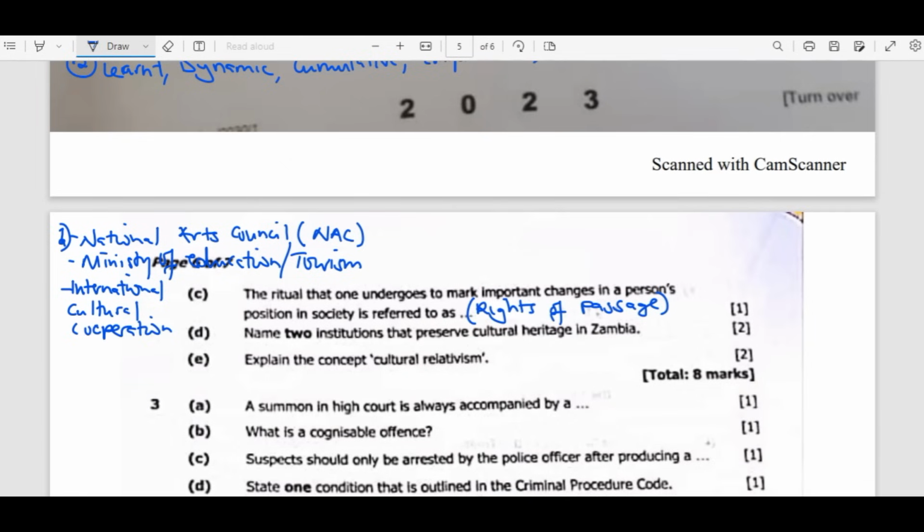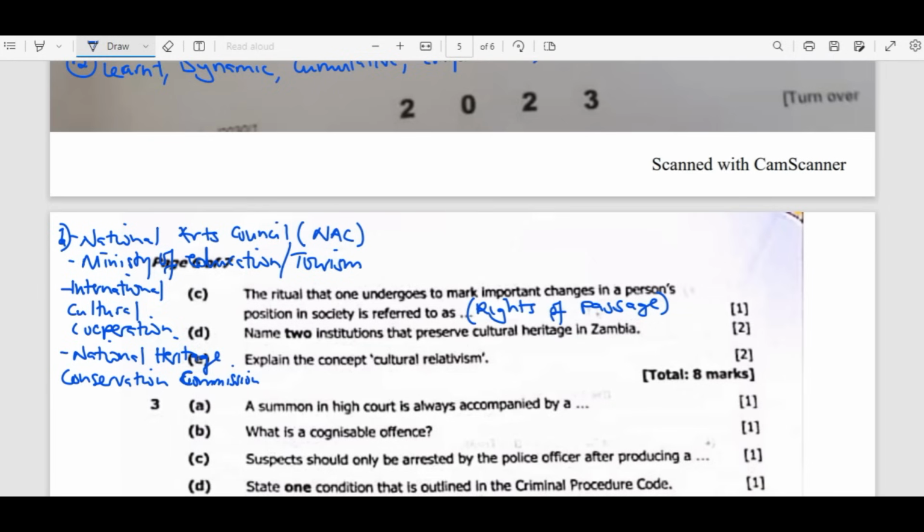And then we can include another one, which is National Heritage Conservation Commission. So meaning that from these given institutions, you can choose 2.